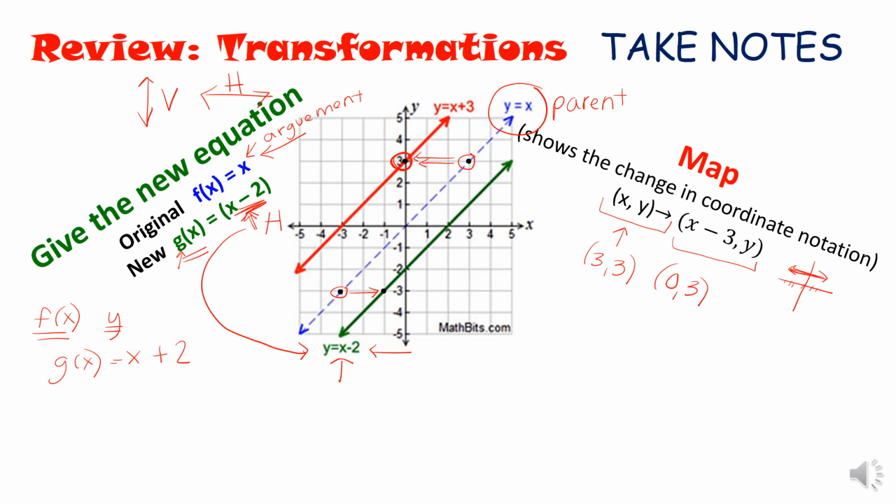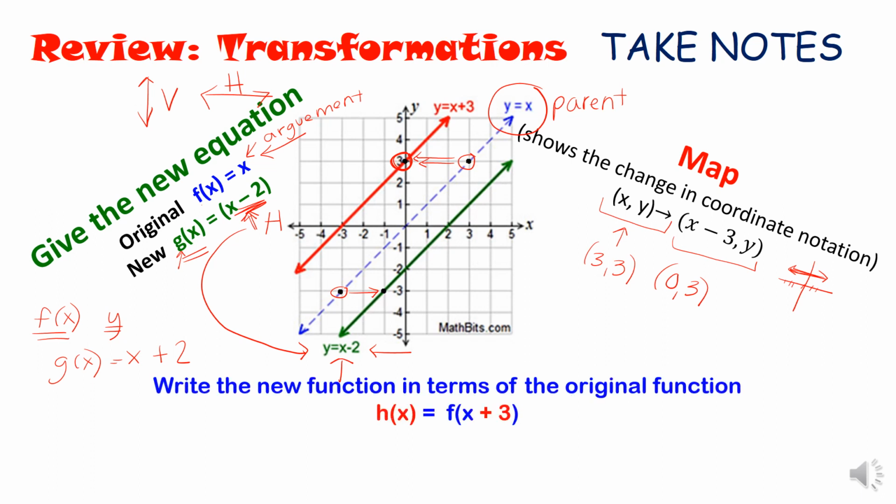And then the last thing you want to know how to do is to write it in terms of the original function. For this one, I'm going back to the red line, and I'm giving it a new name. I'm saying this new equation, the h of x, this new graph, is the same as the f of x, except for this. So you write the f of x.